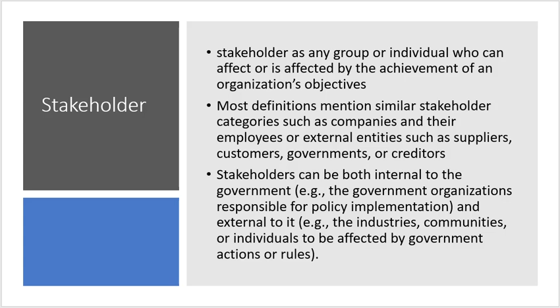For example, if you take an organization, internal stakeholders are its employees, management, operational staff, and all these people, and external stakeholders may be the government, competitors, and other people who are going to influence the organization.